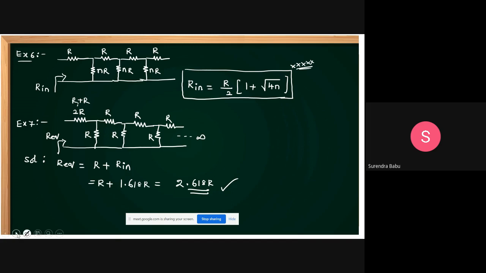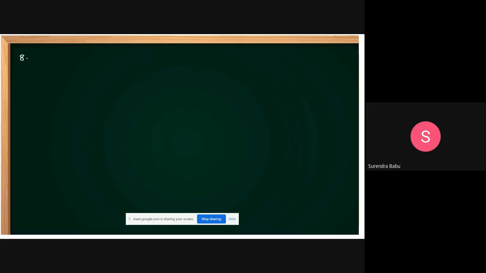Now, with this knowledge, I am giving homework for you. One circuit I already gave. You think by your own. This I am giving. You can expect this also. This is 2 cube. Yeah, this is 2 square. Yes, friends, 2 square. And this is 2 square. This is 2 square. And this is 2. All are 2 ohms only.